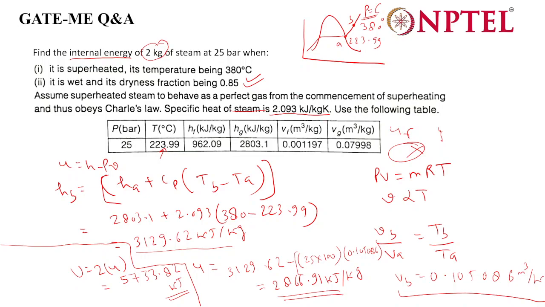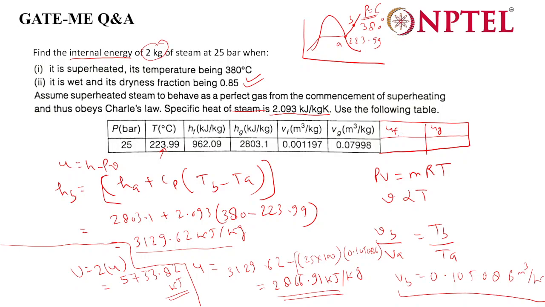Sir, can we do it by individually finding UF and UG from HF and HG? That way also you can do. You simply make one column here, extend this, and find UF and UG easily.